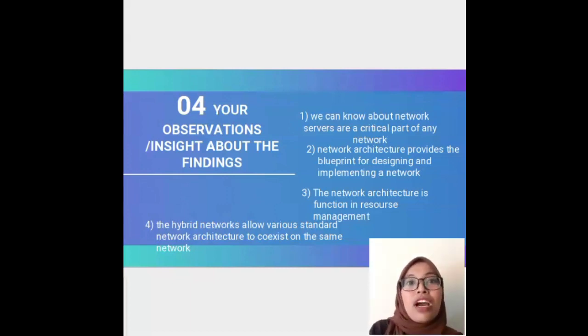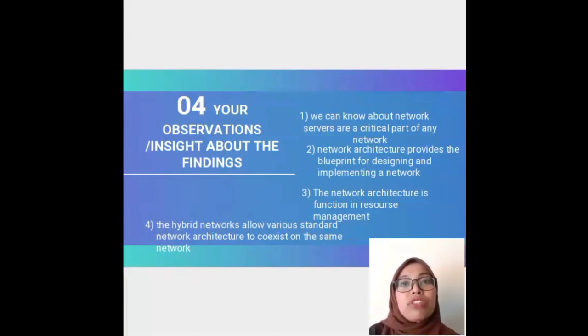Point number 2. In this topic, network architecture provides the blueprint for designing and implementing a network. The three types of network architecture models that are most commonly used are peer-to-peer, client-server, and directory service. Point number 3. Network architecture functions in resource management. For example, in client-server network architecture, the directory serves the network based on the central model for security and resource management.